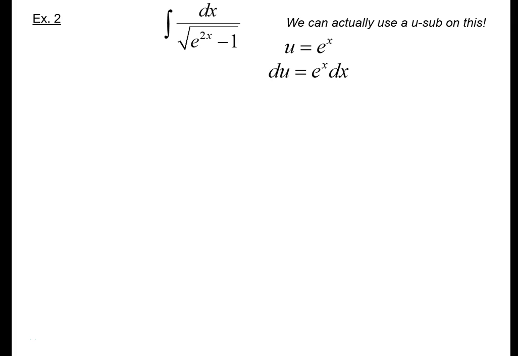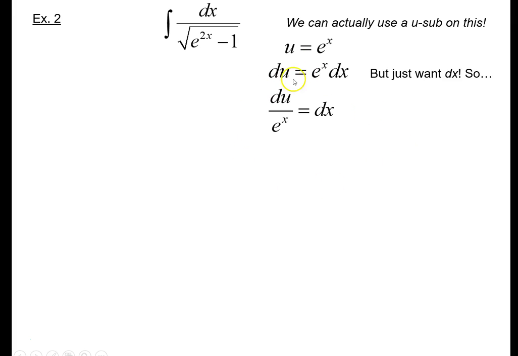Of course, that would be e to the x. So what do I need to solve for in the expression? I need to solve for dx. So in this expression, if I divide, I can replace dx with du over e to the x.